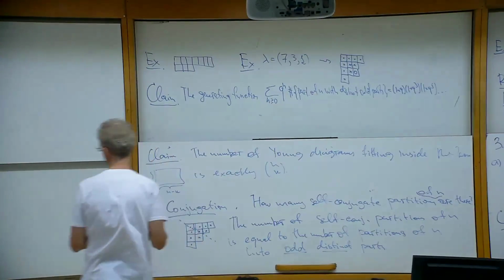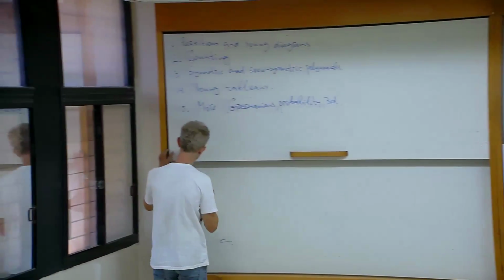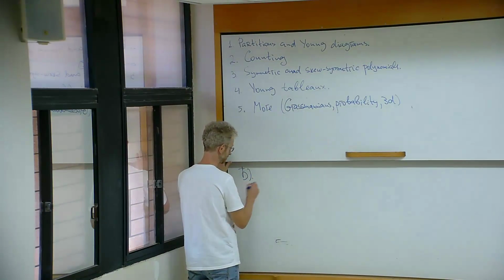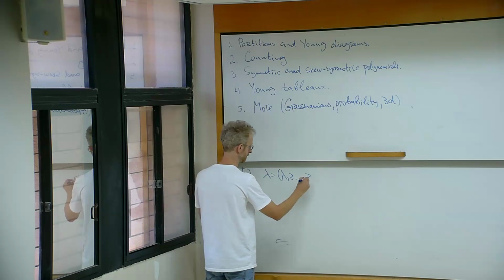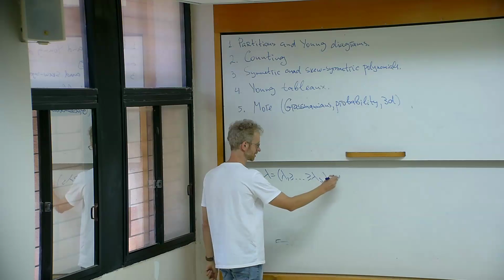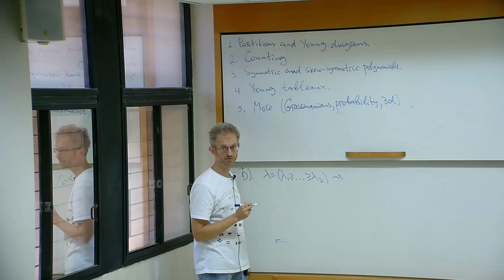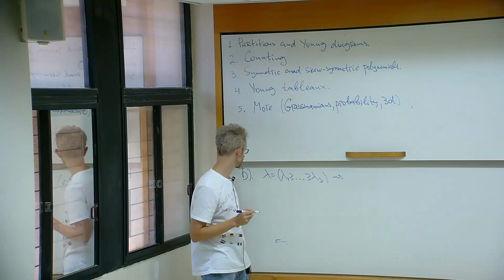Let me show you this trick. Suppose we start with the Young diagram or with the partition, and let's do a very simple transformation. What is the transformation?